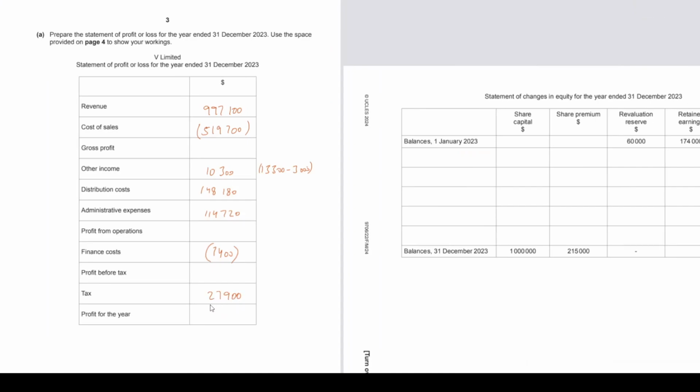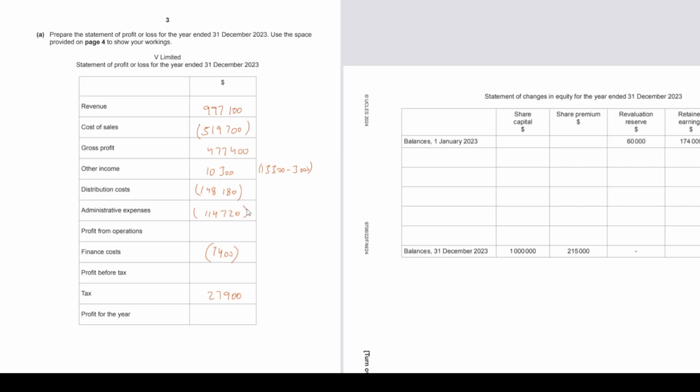Okay, now we're just gonna add things up. 997,100 minus 519,700. That's 477,400. From there, we're gonna add 10,300. Subtract 148,180 because it's an expense.